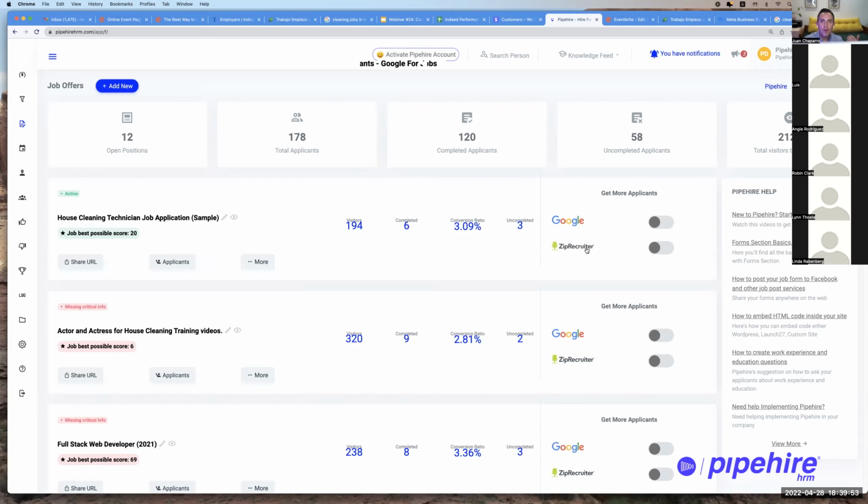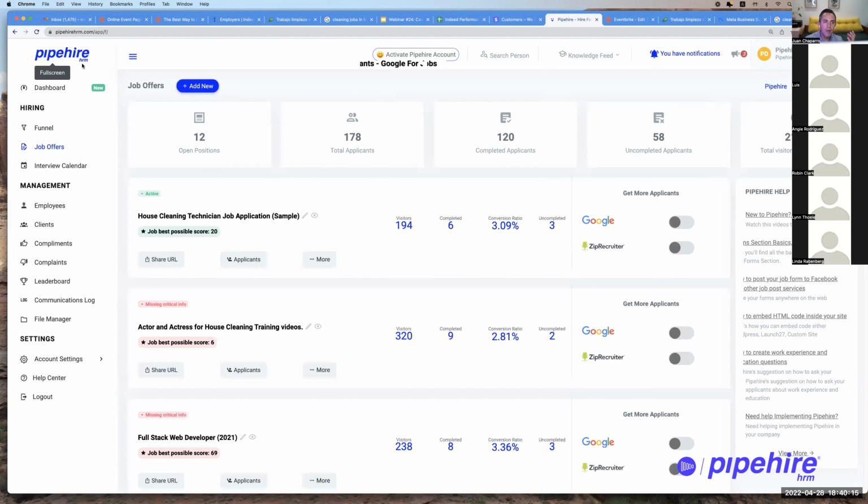Because ZipRecruiter pushes the job to their site, but they also push to other smaller job boards. There are about 100 smaller niche job boards that receive different jobs from different companies, and we're really working on building a better way to distribute the job in more places.